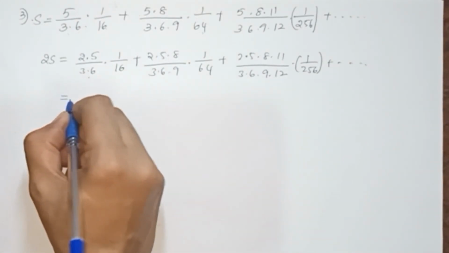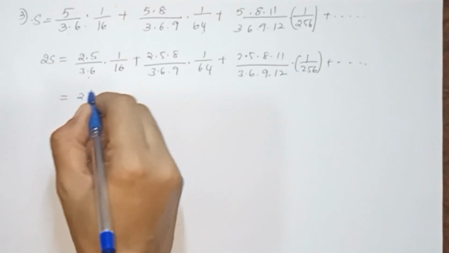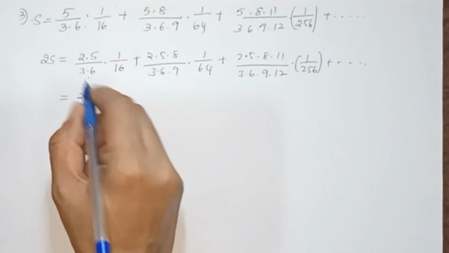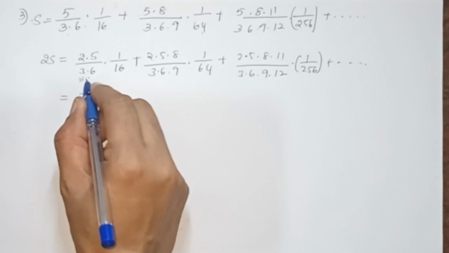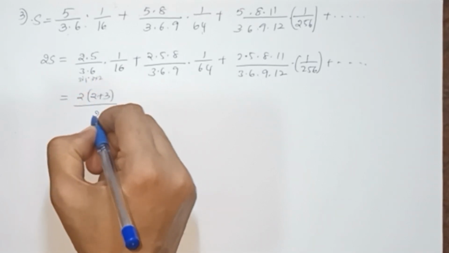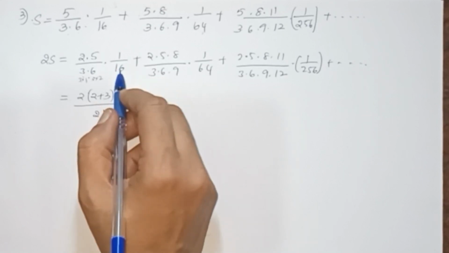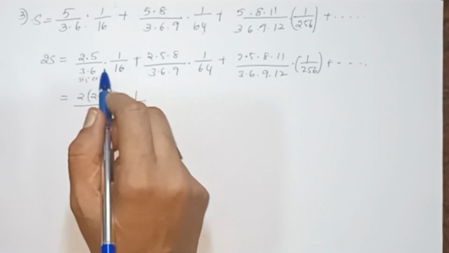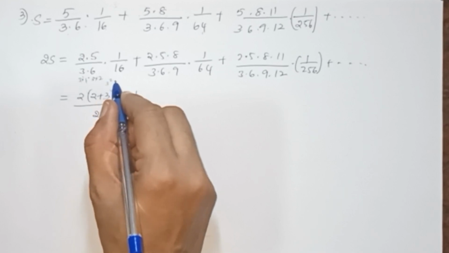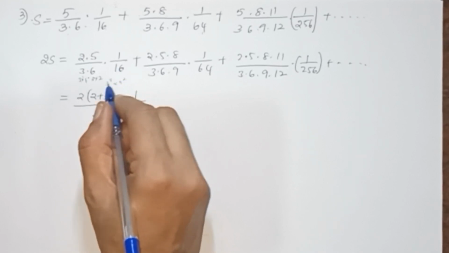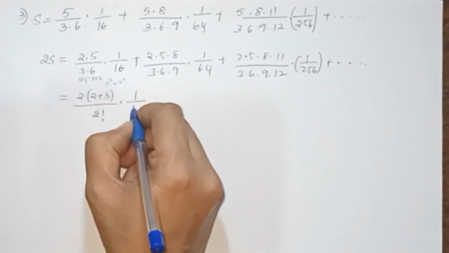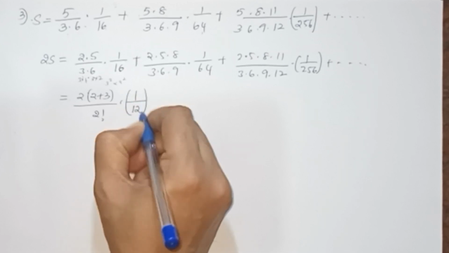So this is equal to, I can write 2 into 2 plus 3 divided by, this is 3 ones, 3 twos, means 2 factorial, 3 into 3, 3 square. So already you have this as 4 square. So here you have 3 square and here it is 4 square, means 4 threes are 12. So it is 1 by 12 whole square.